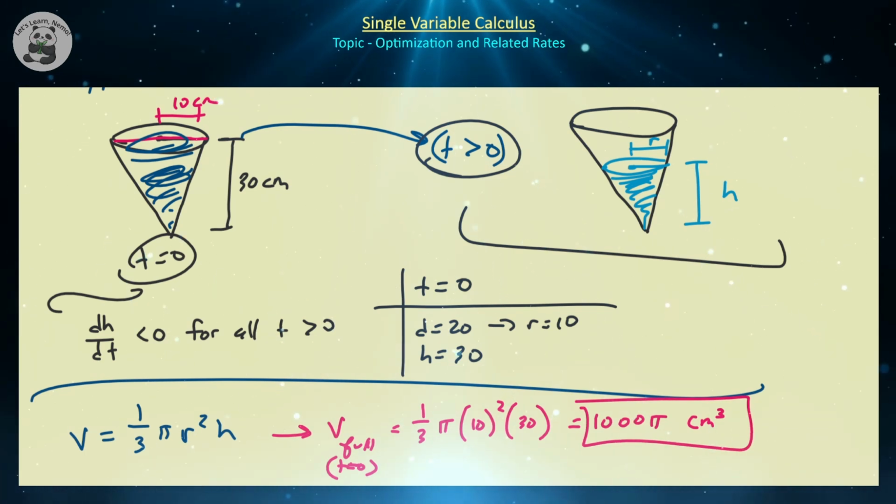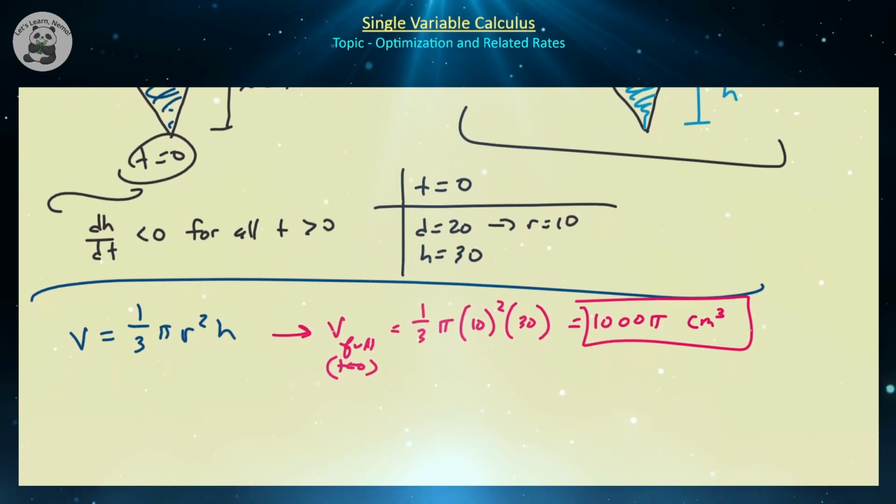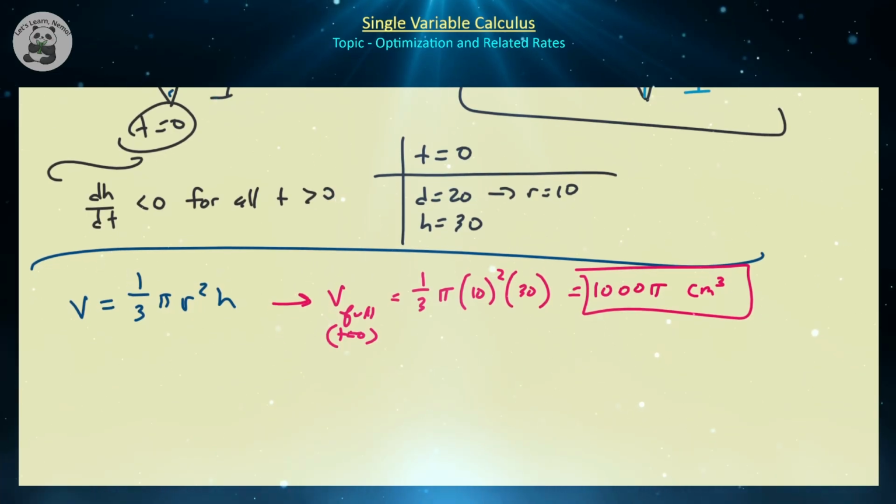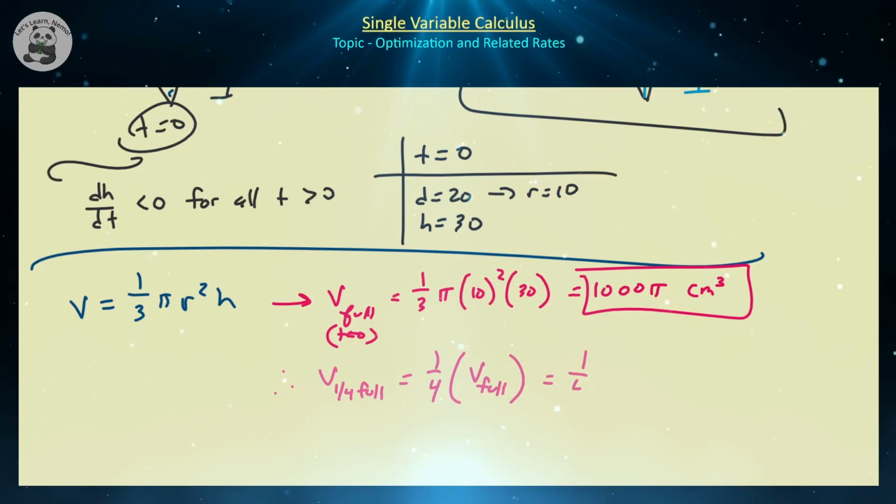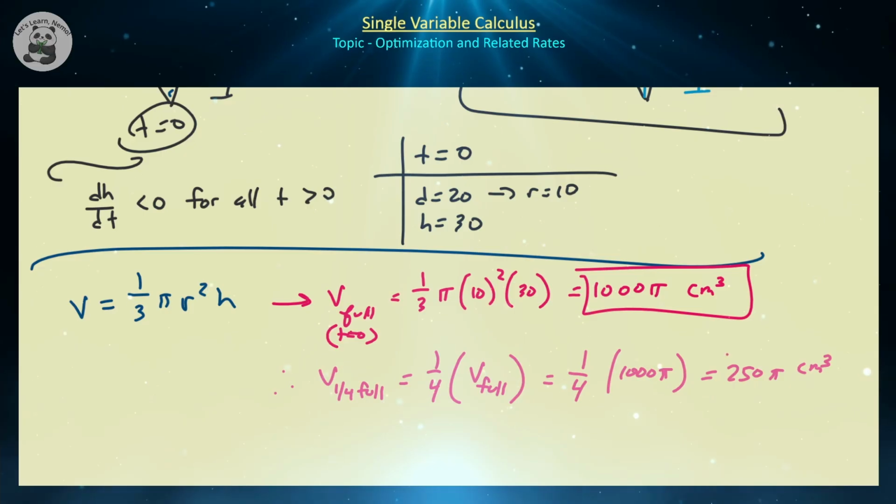So whatever it is when it's a quarter is going to be a lot less than that. So let's see what that would be. So the volume when it's a quarter full is going to be a quarter of its full volume, V full. So that's going to be a quarter of 1,000 pi cubic centimeters, which is just going to be equal to 250 pi cubic centimeters.